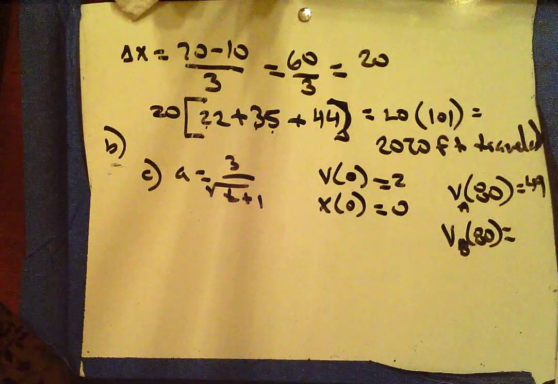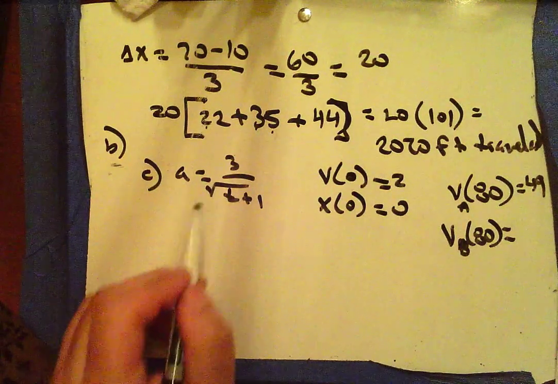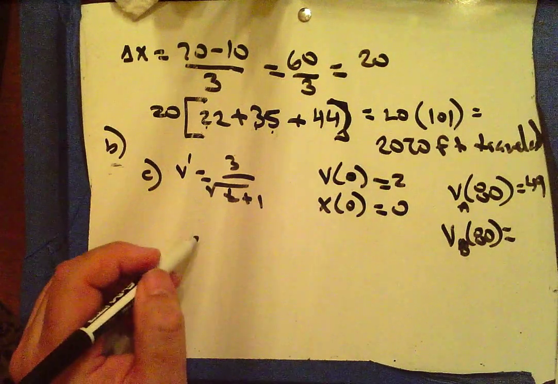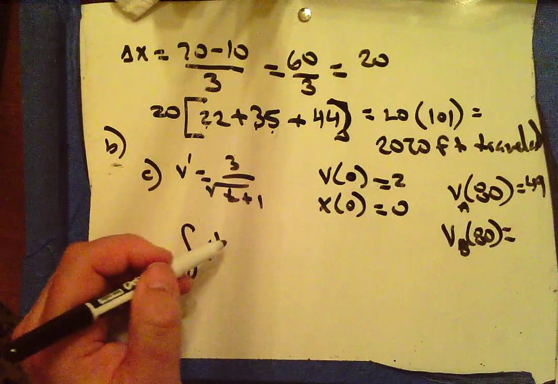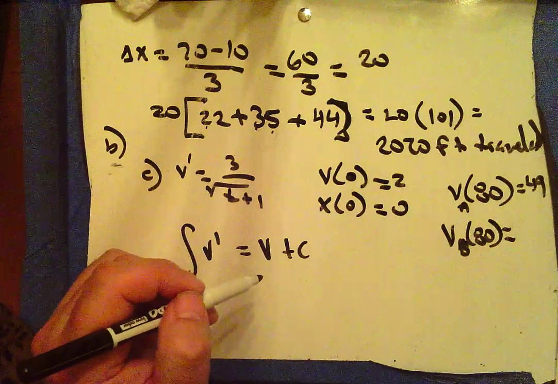So let's find v of 80 for rocket B. Now, this is acceleration, which is also known as v prime. And if I integrate v prime, I'm going to end up with v plus c.